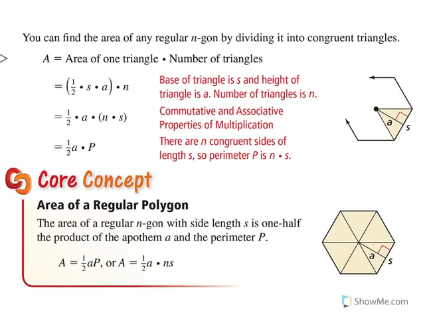Then moving on to actually find the area of these polygons, you can look at the top here where it shows how they derive the formula. The area of a regular polygon is A equals 1/2.